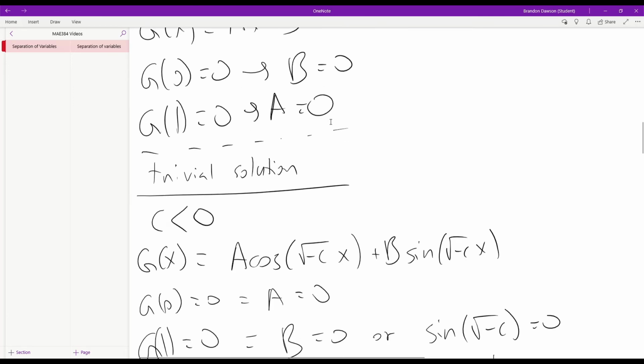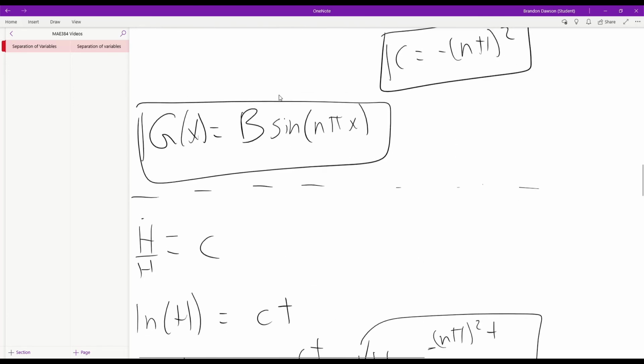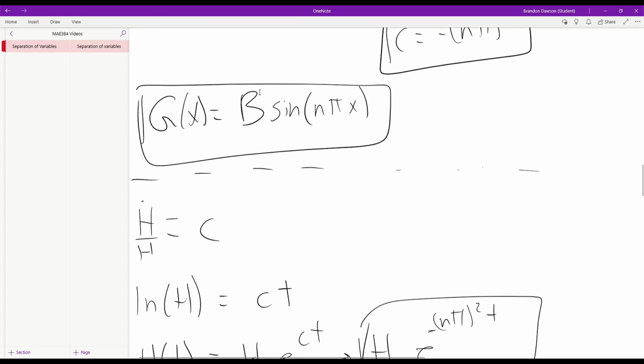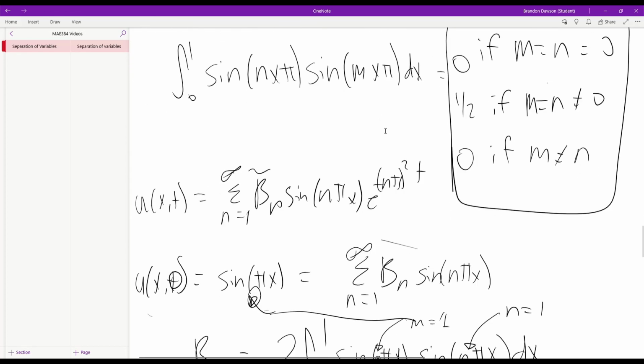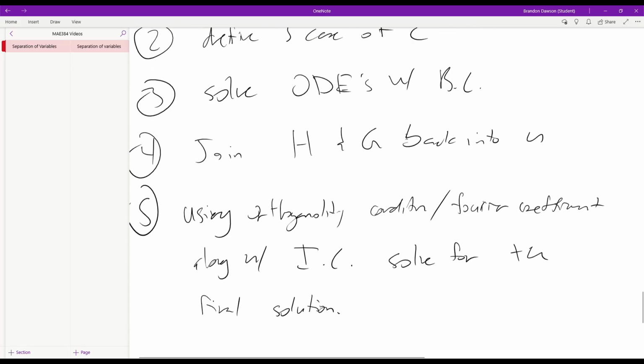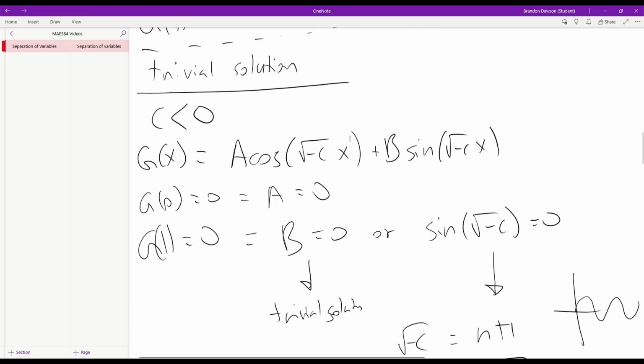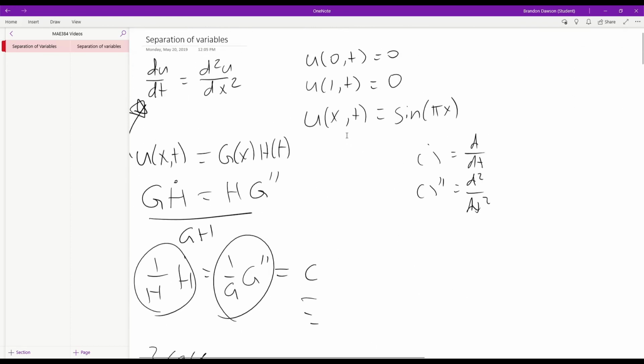That really doesn't affect very much other than this sine term at the end might be something else depending on what initial conditions they give you. Yeah, so that's how you do that. More examples for how to use other methods of PDEs will be posted as well, but this is just the introductory how to solve the separation of variables equation.